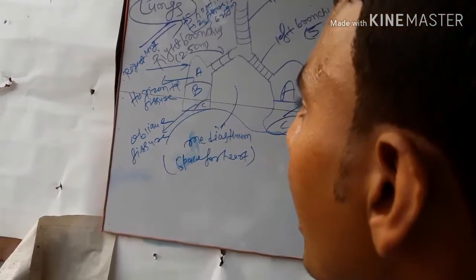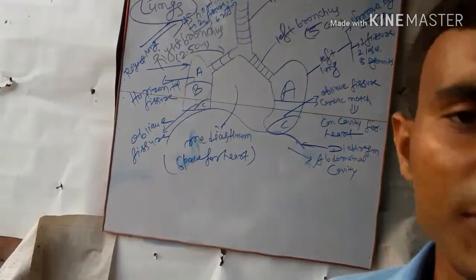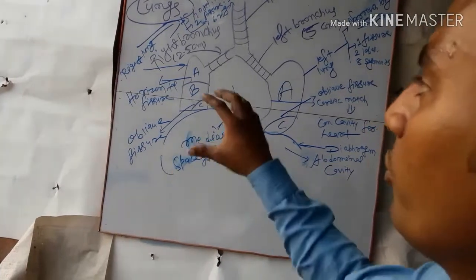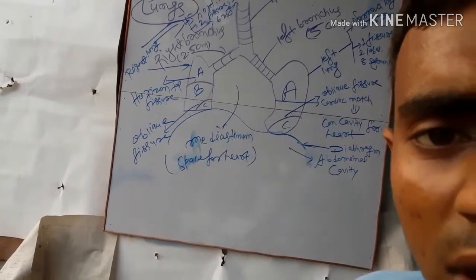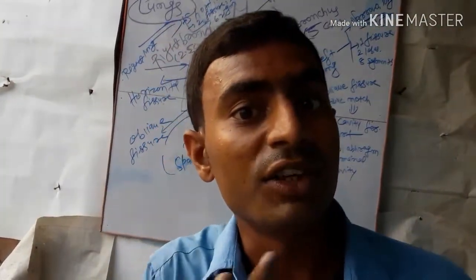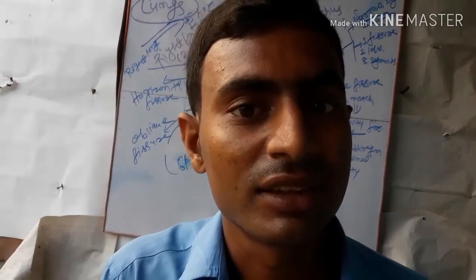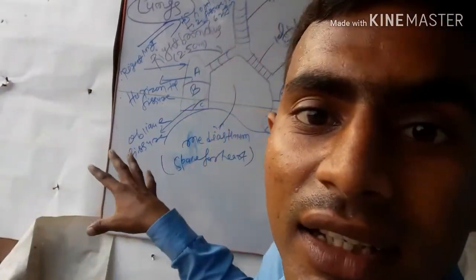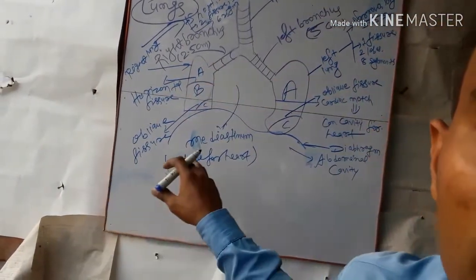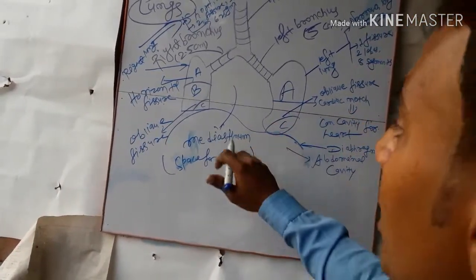And there are 10 segments. The weight of the right lung is 625 grams. It is smaller than the left lung in size, but its weight is not less than the left lung.